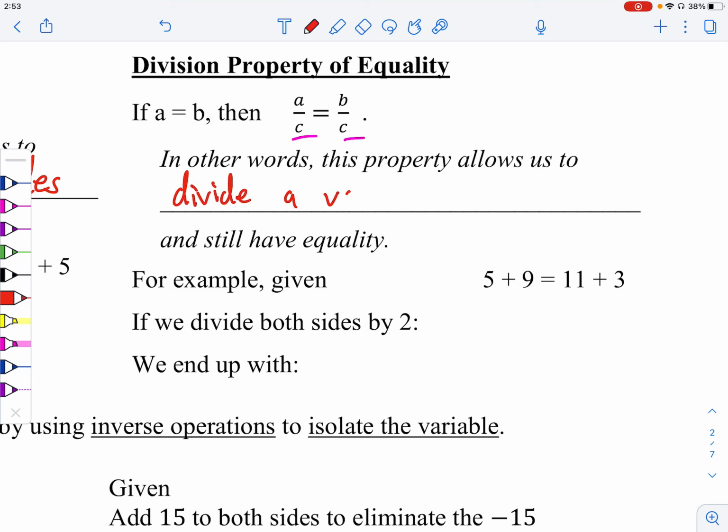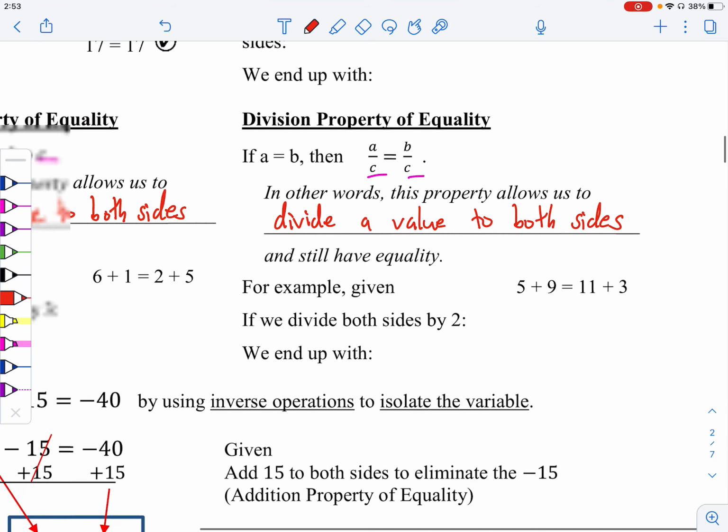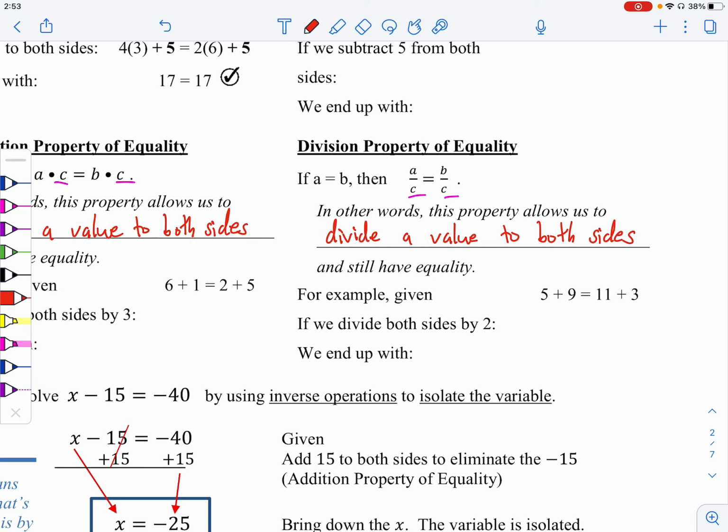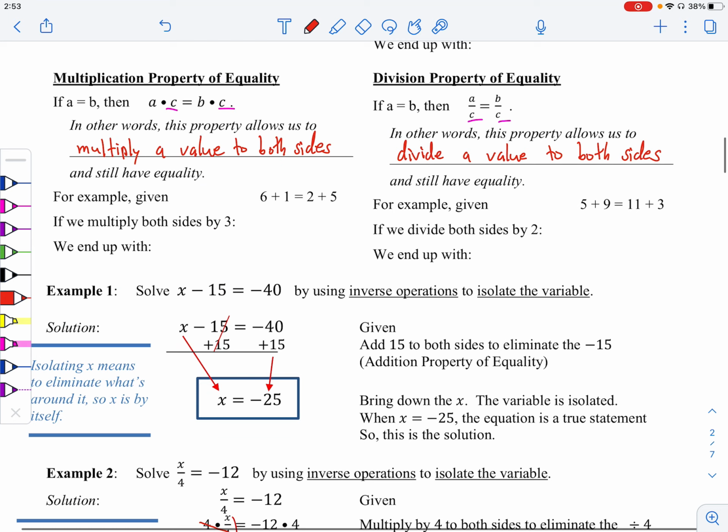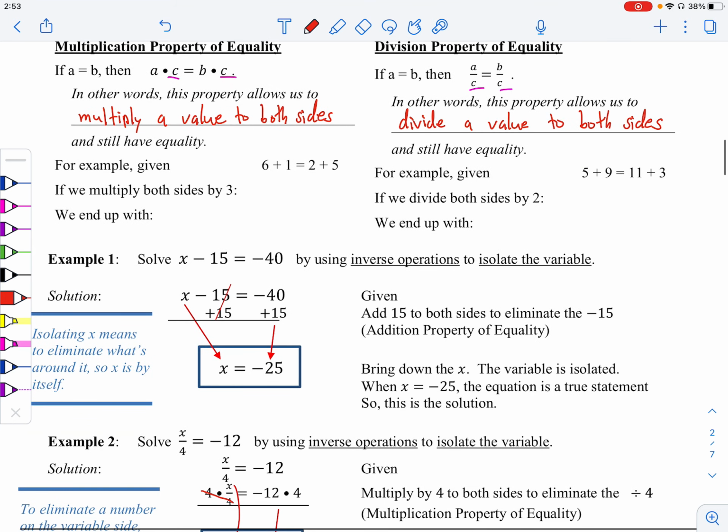So you can see the theme of this. As long as we do it to both sides, we can do any operation that we want to. We can multiply, divide, square, square root, anything. As long as we do it to both sides, it should still be equal.